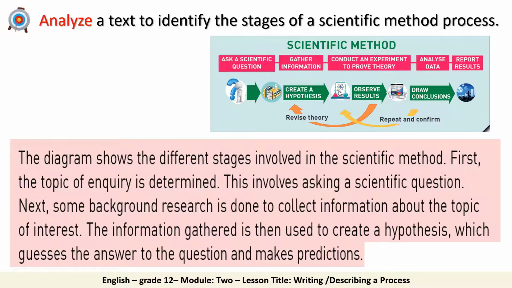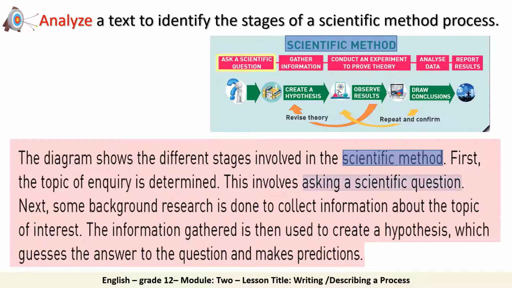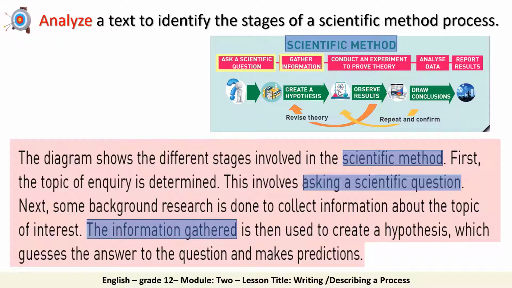So first we have a scientific method that appears in the diagram and the written description. Good. Then asking a scientific question. After that, you find the information gathered and create a hypothesis.